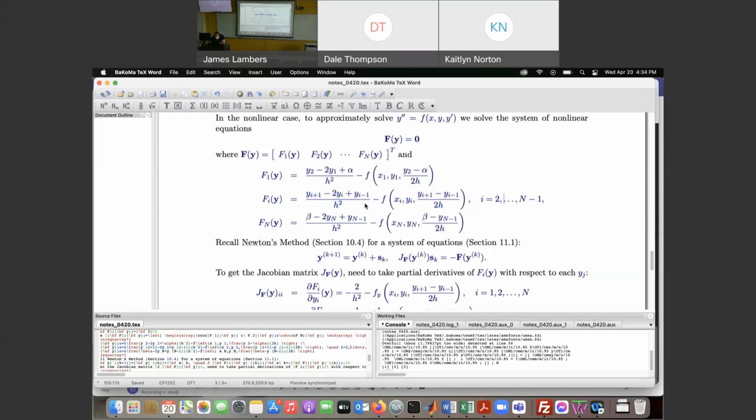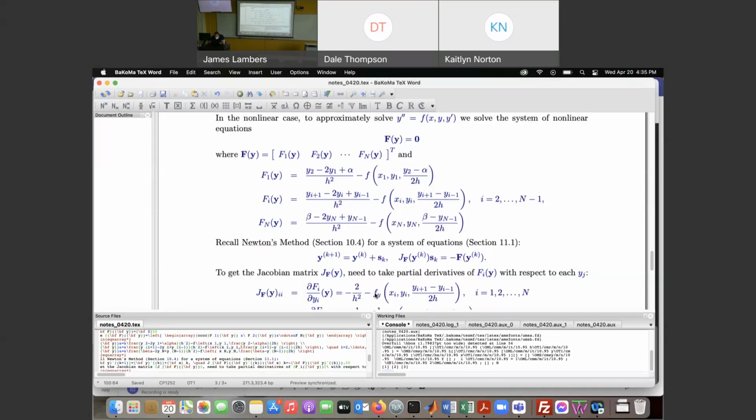this equation, F_i(y) equals 0, with respect to y_i, then here, these are different y values. Those will not contribute anything. Derivatives of those will be 0. But here I have minus 2 over h squared that shows up down here for multiple of y_i. And then I look for where y_i appears in here, only in the second argument.